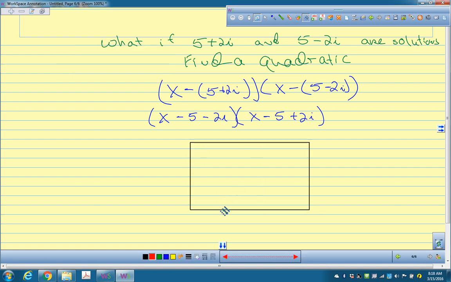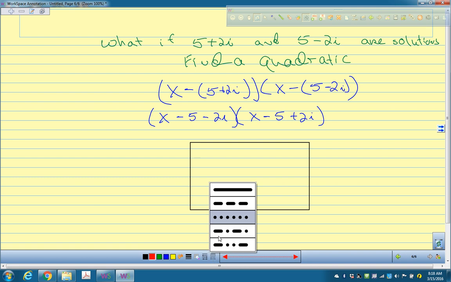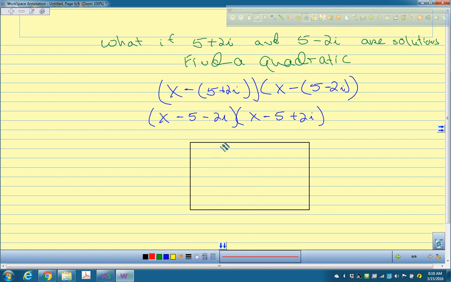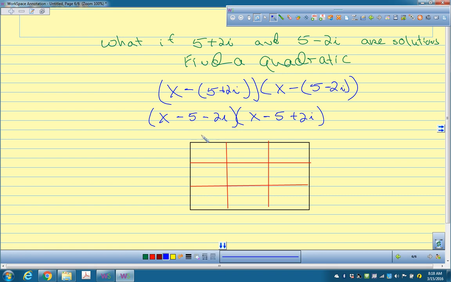Draw some lines. We're impressing the interpreter with my high-tech technology over here. And then I'm going to put these terms, x minus 5 minus 2i, and x minus 5 plus 2i.